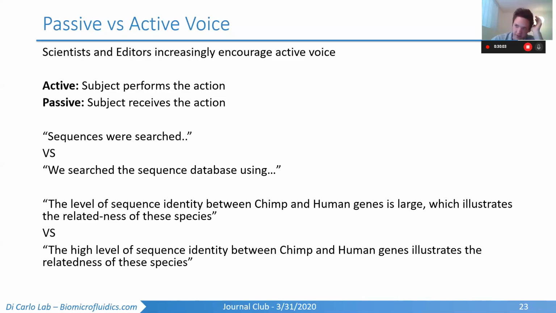Or instead of the level of sequence identity between chimp and human genes is large, which illustrates the relatedness of these species, you could say that the high level of sequence identity between chimp and human genes illustrates the relatedness of these species. This is a definitely more subtle thing, and I don't think you notice unless you're reading a lot and paying attention. But it's just something to keep in mind when you're writing.